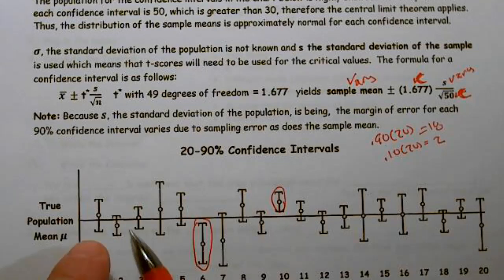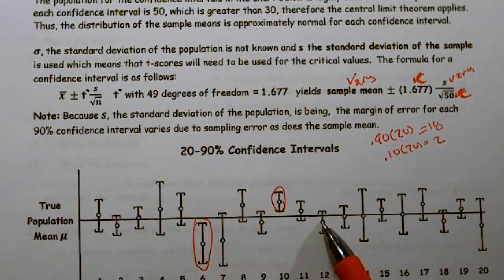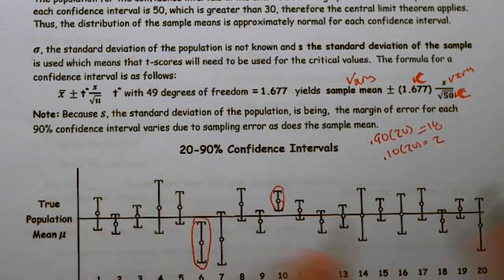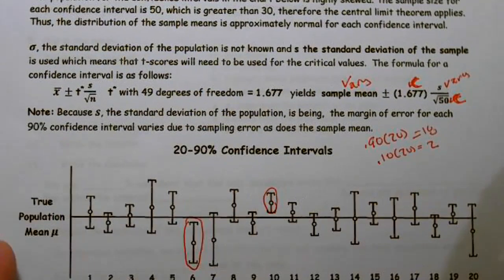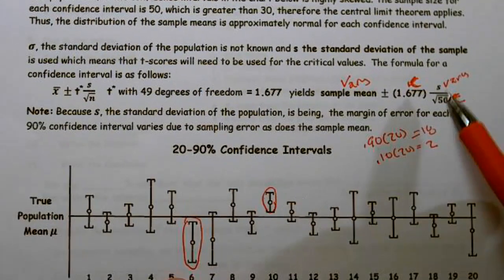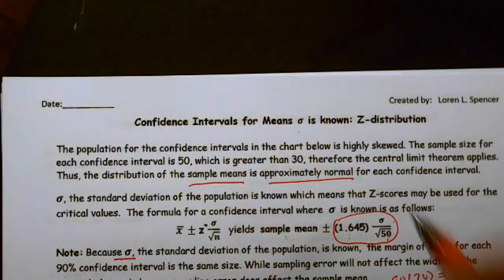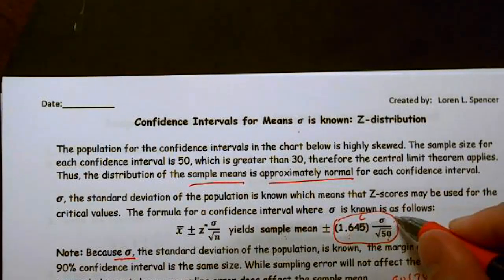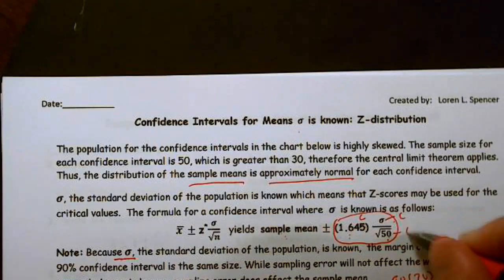Now, obviously, sometimes it's going to be pretty close to the mean, like it is here. And other times, we're not going to be very close. But basically, 90% of the time, the true population mean will lie in there. We will, once again, notice this is a constant, this is a constant, and this is a constant.